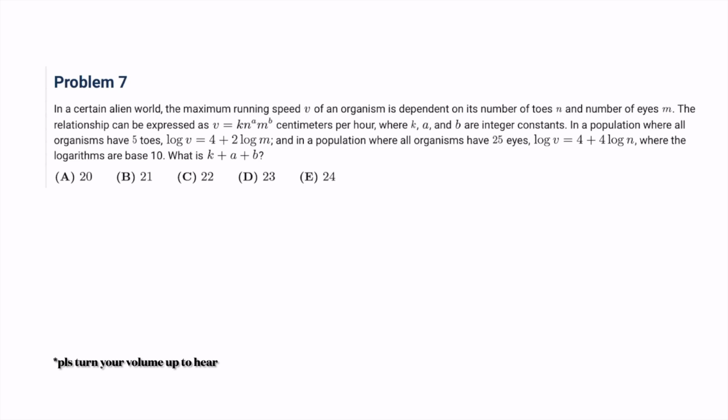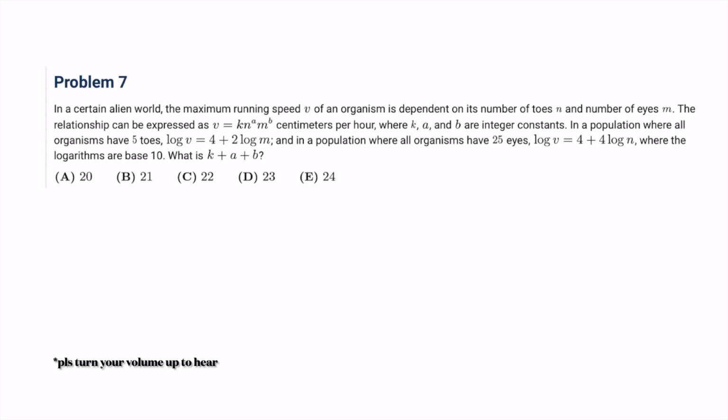Number 7. In a certain alien world, the maximum running speed v of an organism is dependent on its number of toes n and number of eyes m. The relationship can be expressed as v equals k times n to the power of a times m to the power of b centimeters per hour, where k, a, and b are integer constants.